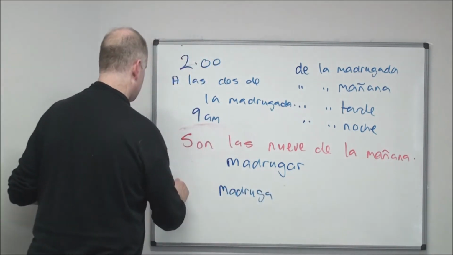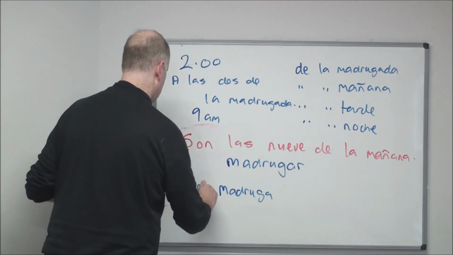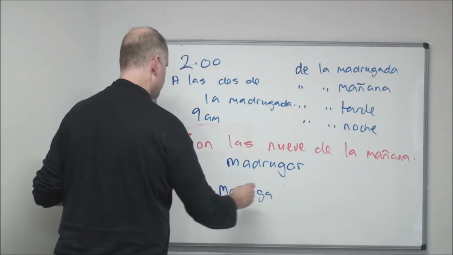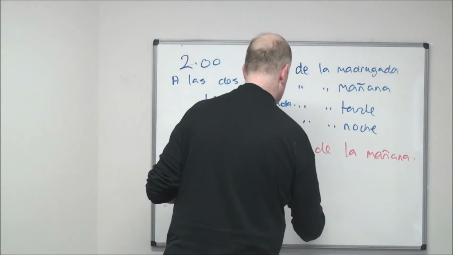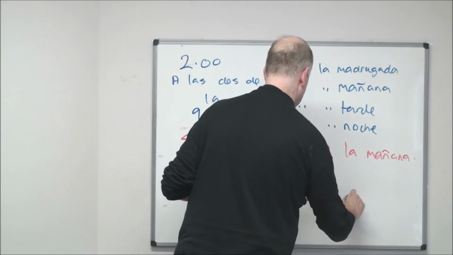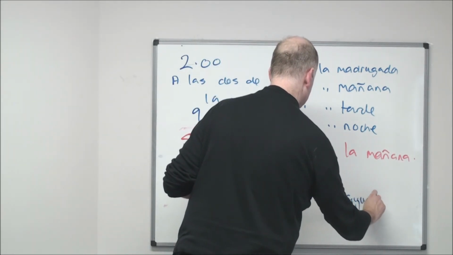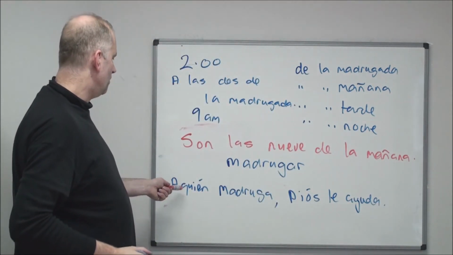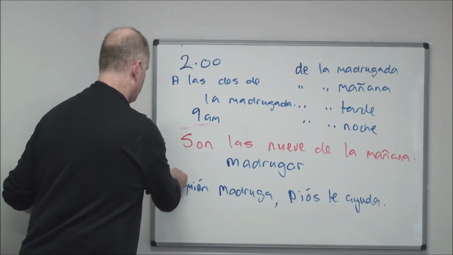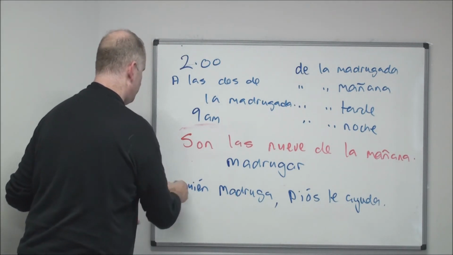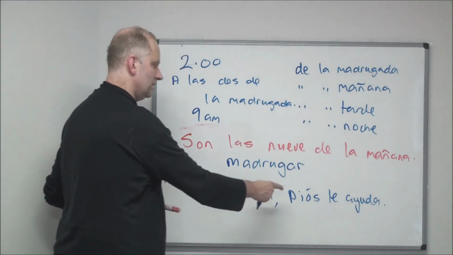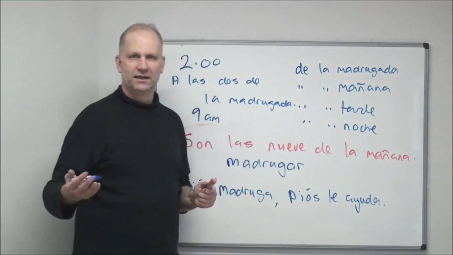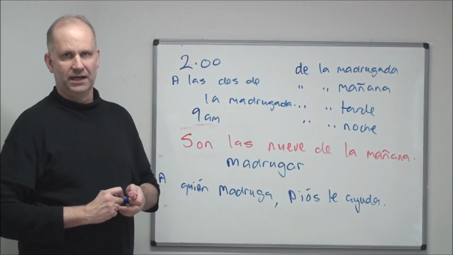And you can say, a quien madruga, Dios le ayuda. A quien madruga, Dios le ayuda. So to the person who gets up early, God helps, which is equivalent in English to the early bird catches the worm.